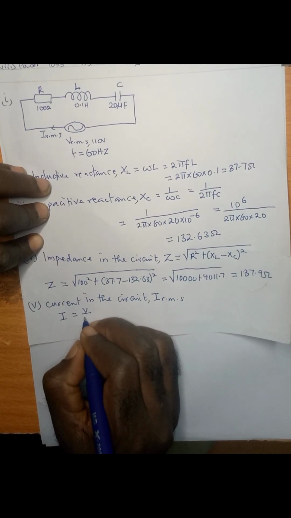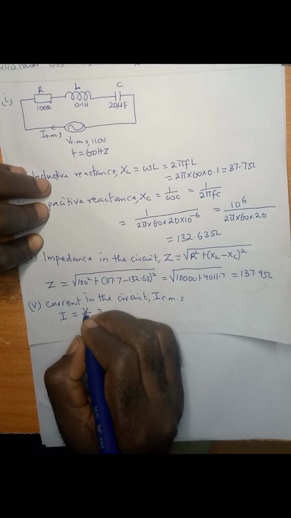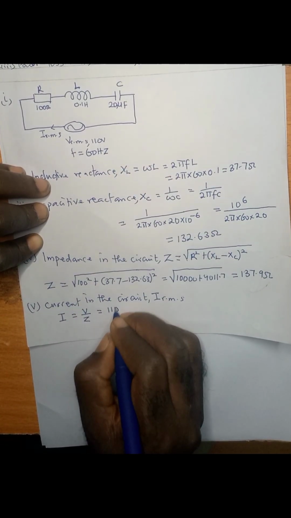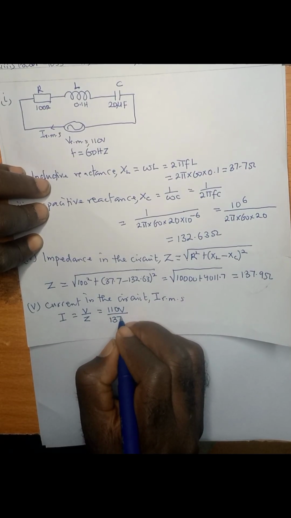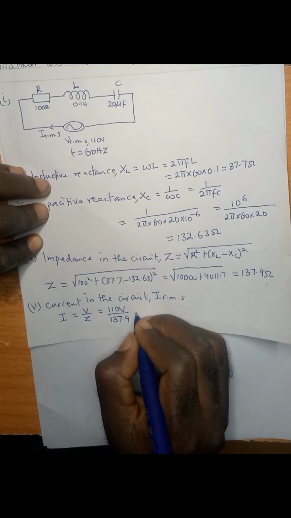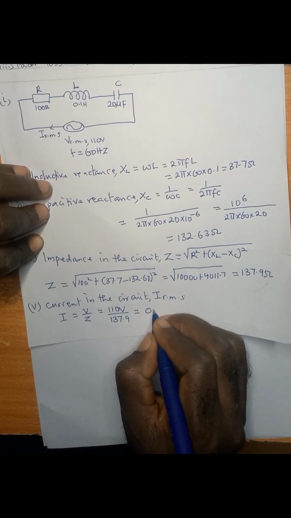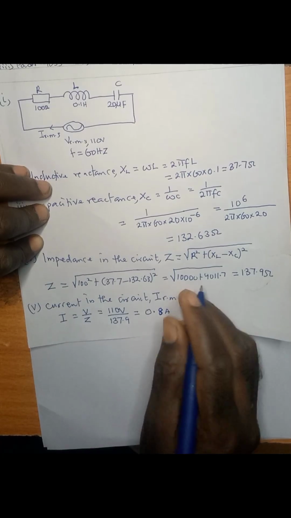So we replace R with the impedance. Then our V is the root mean square voltage, which is given as 110 volt. Then the impedance is 137.9. By the time we evaluate this, the current will be 0.8 ampere.